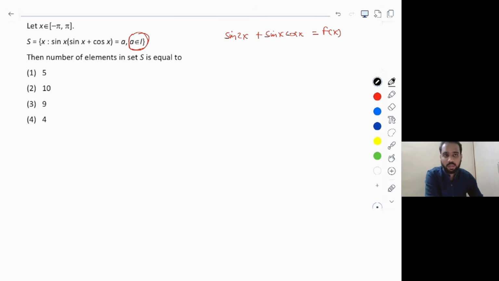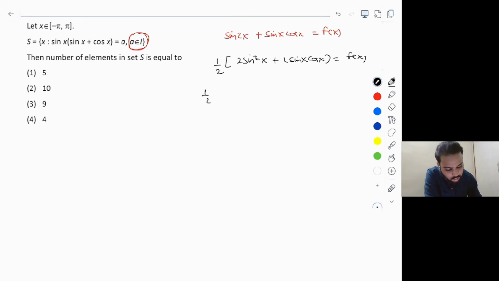But you know how to find out the range of a function, right? So we have different methods since it is a trigonometric expression. Either you can differentiate or I'm going to multiply and divide by 2 directly. This is 1 by 2 multiplied by 2 sine square x plus 2 sine x into cos x, which is equal to f of x.